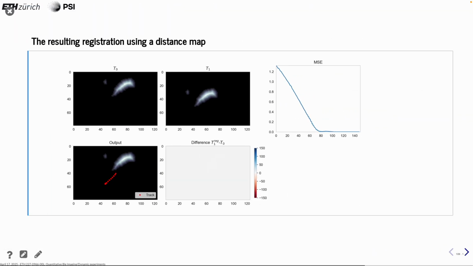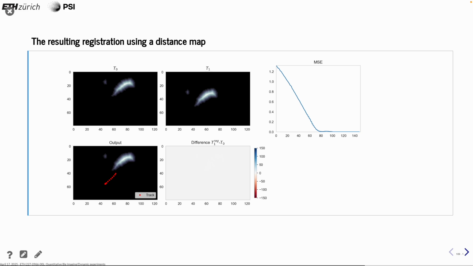What we can see now when this one is optimized is, first of all, the mean squared error has a different shape. And also what you can see is that the track is much more straight, so it's easier for the algorithm to handle in this case. And registration is easy when you have very good objects in the image.